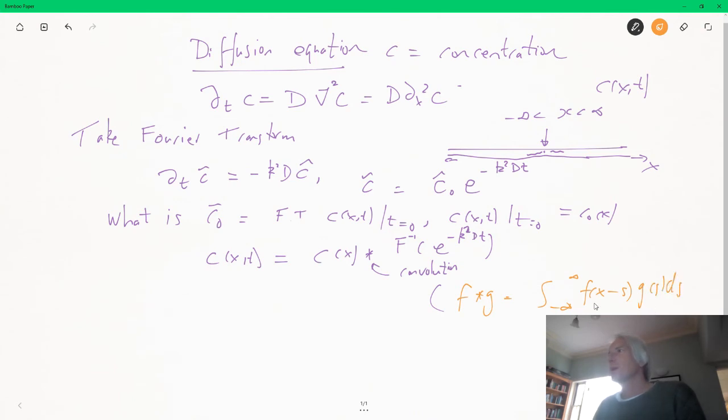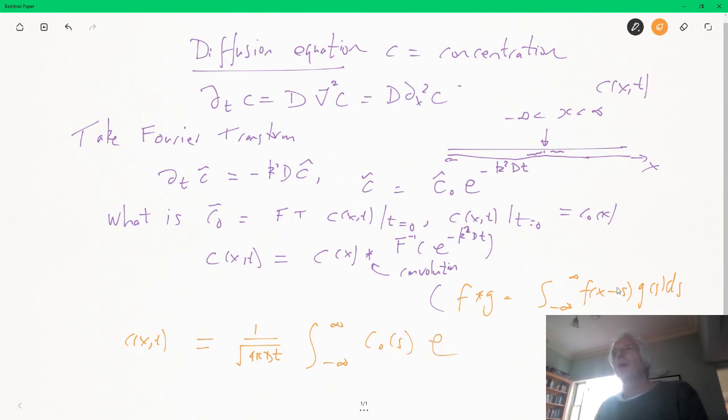Okay, and so combining all that we end up finally with c of x comma t is equal to 1 over the square root of 4 pi Dt times the integral from minus infinity to infinity of c naught of s times e to the minus x minus s squared over 4Dt ds.